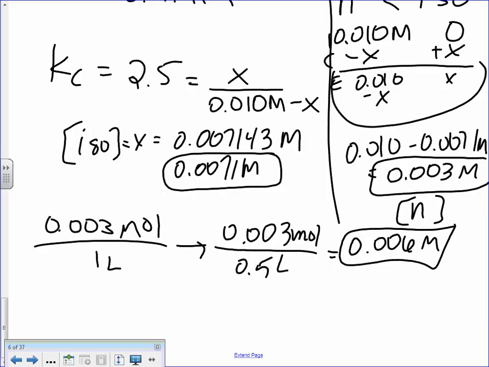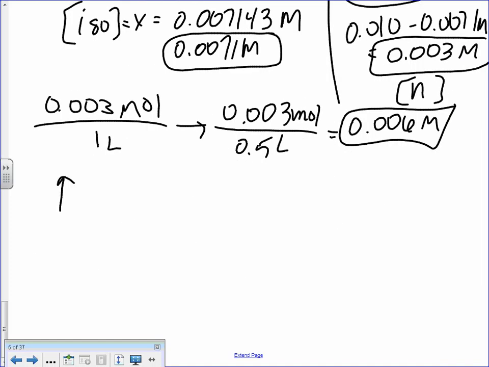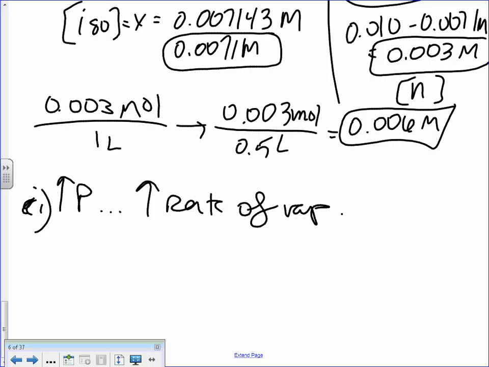So you have to mention equilibrium someplace there. I'm going to add to that, because in part 1 we said that increased pressure was caused by an increased rate of vaporization, and then the vapors increased pressure due to collisions with the container wall.